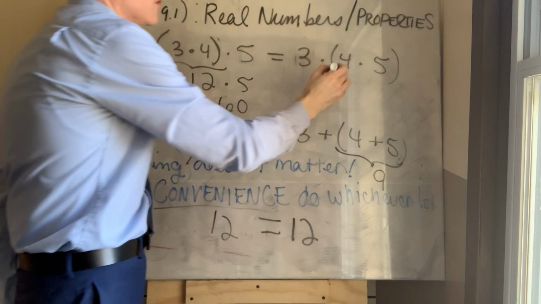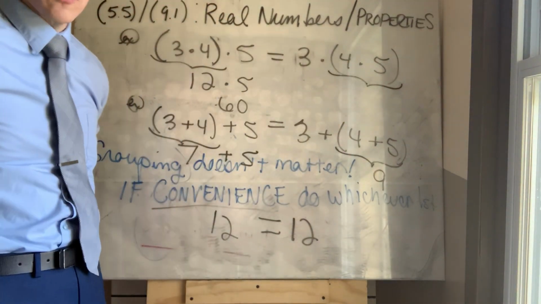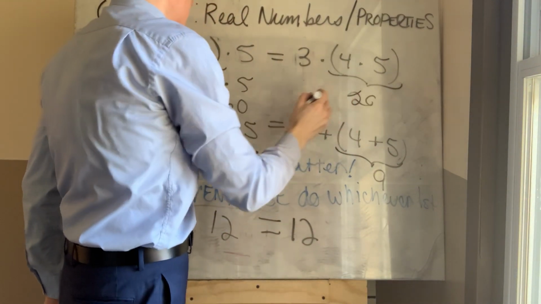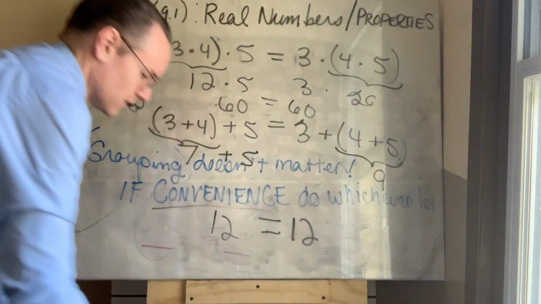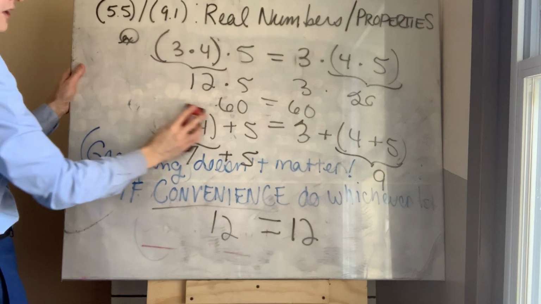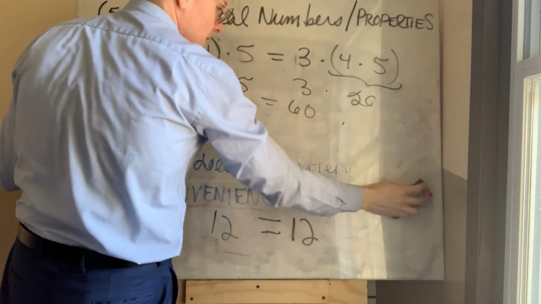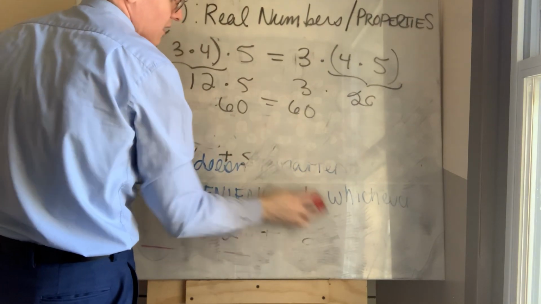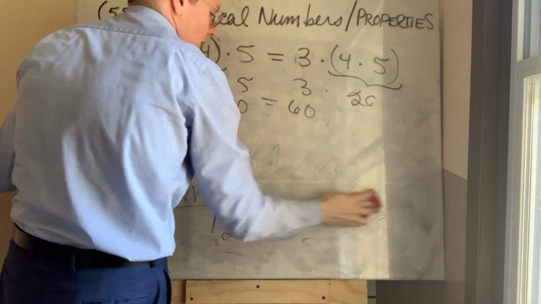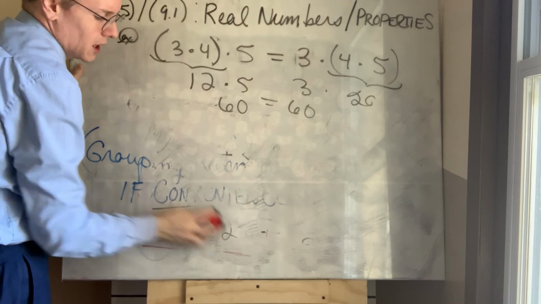If in this instance you prefer to do 4 times 5 first, you would get 20, and 3 times 20 is still 60. You see that no matter which way you slice it, thankfully there is an associative property of addition and multiplication at least. Not, again, for subtraction and not for division.